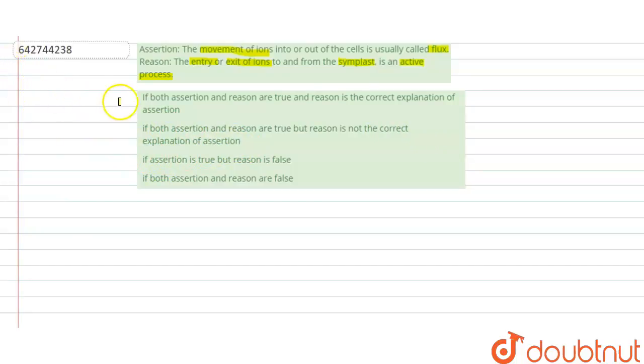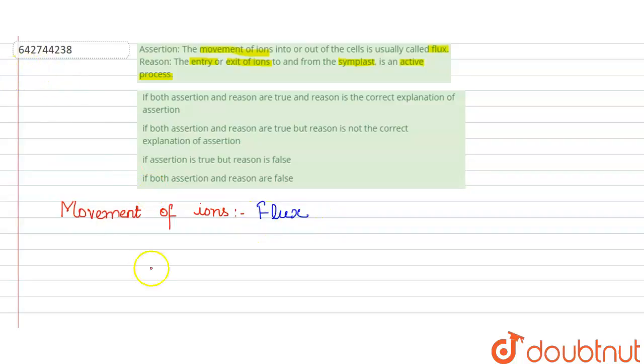So in this question, the movement of ions is considered, and ions are basically charged particles. When we talk about the movement of ions, the process is known as flux, right? Movement of ions is known as flux.